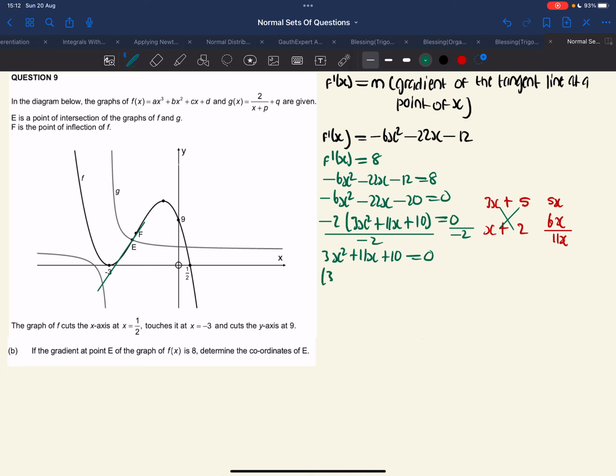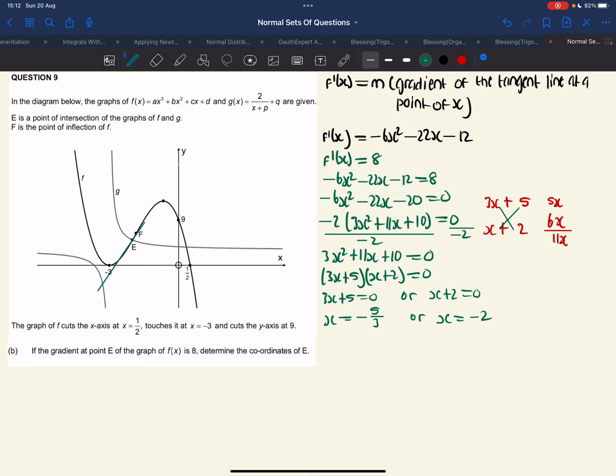So we're going to get 3x plus 5 and x plus 2 equals 0. Then you say 3x plus 5 equals 0, or x plus 2 equals 0. If you solve that, you should get x equals minus 5 over 3, or x equals minus 2. Right, now let's check where they are.